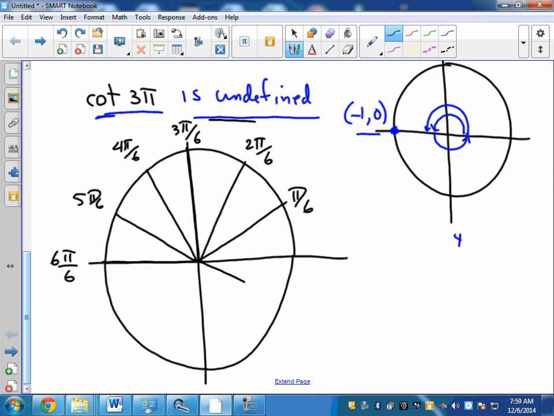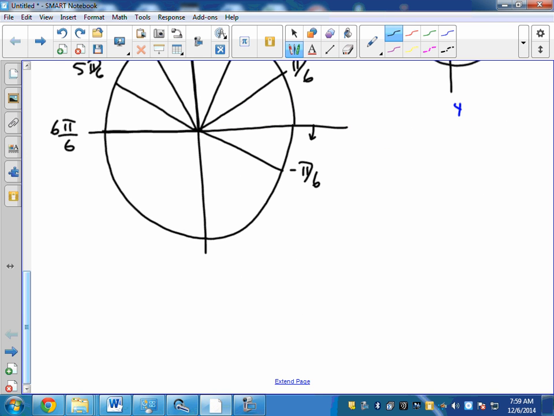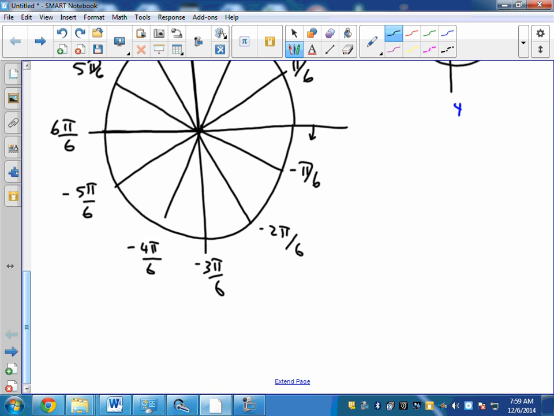So going in the negative direction, clockwise here, this would be -pi over 6 and -2 pi over 6, -3 pi over 6 straight down, -4 pi over 6, and -5 pi over 6.